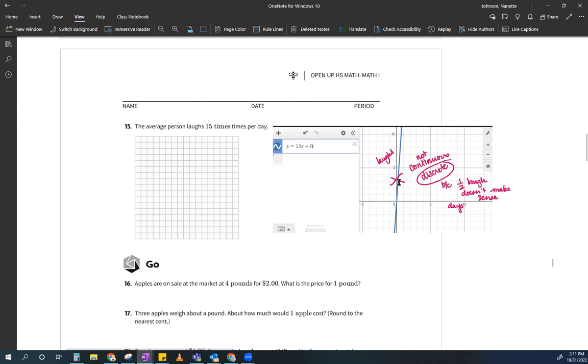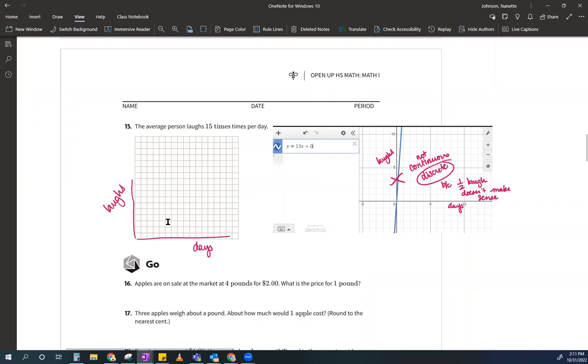Okay. So again, continuous means that I have to connect the dots. So if I was to actually graph that over here, it would look something like this, where this is days and this is laughs. Sorry, it's hard to draw straight lines on my iPad here.